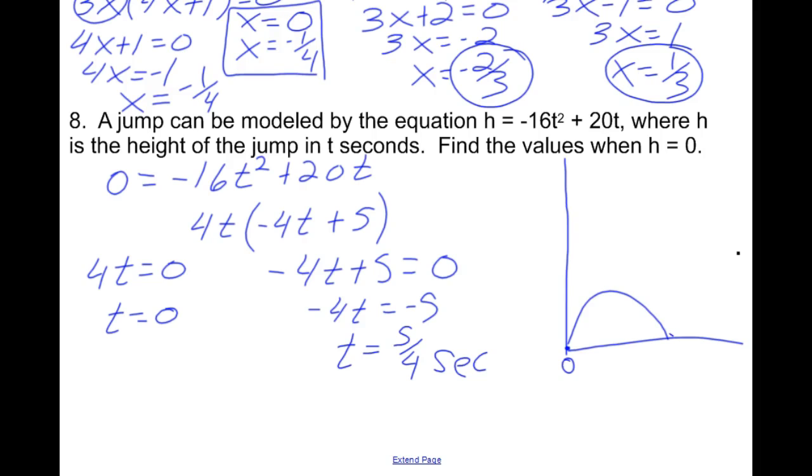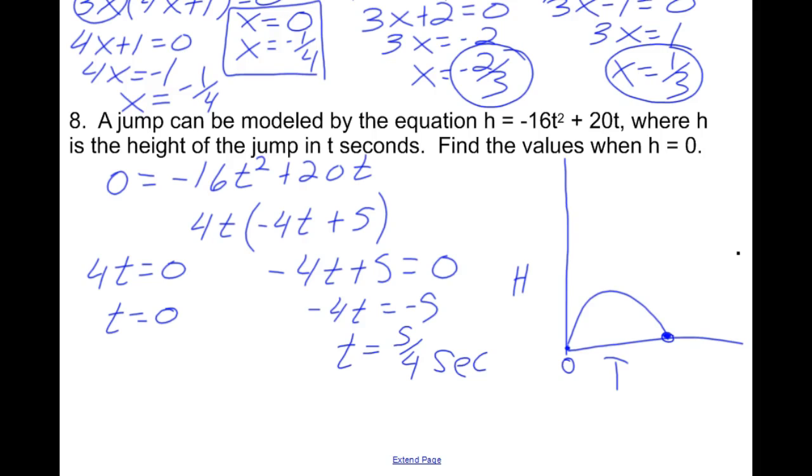What do you think this is right here? Yeah, notice I paused there. I'm trying to make you think about it before I give you the answer. Some of you might have thought of it already. If my start of my jump is at 0 for height, this is my height, this is my time, eventually going to land back on the ground again. Okay?